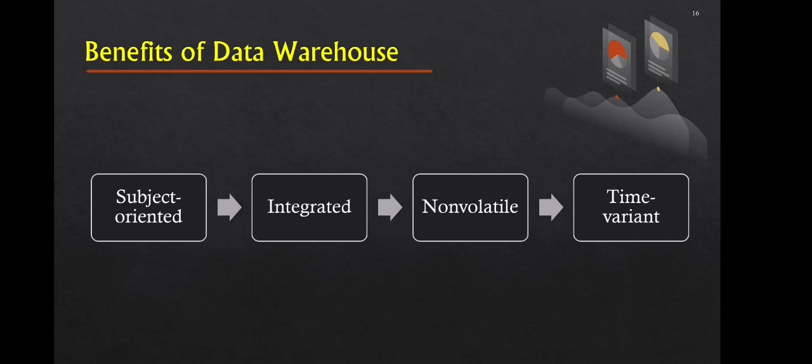Next, we have the non-volatile, which means once data is in a data warehouse, it is stable and doesn't change. And lastly, we have time variant. So data warehouse analysis looks at change over time.